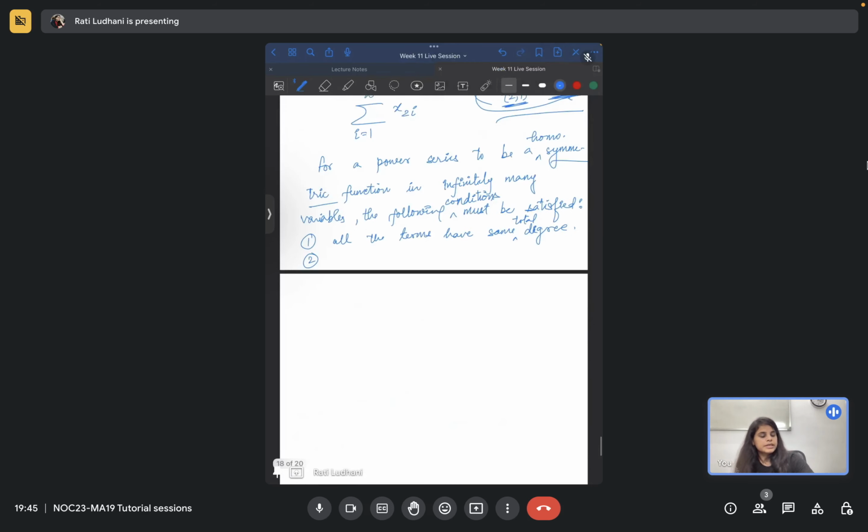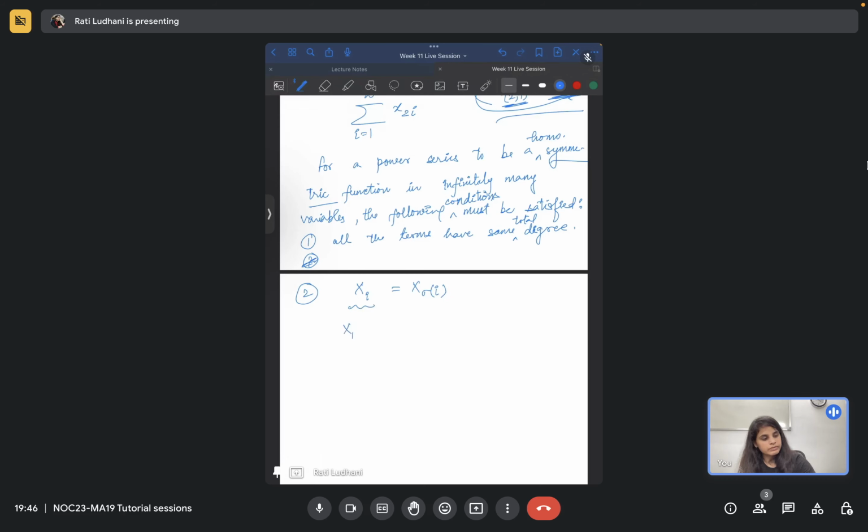The second condition says that if you have x_i, then you must have x_sigma(i). What does that mean?